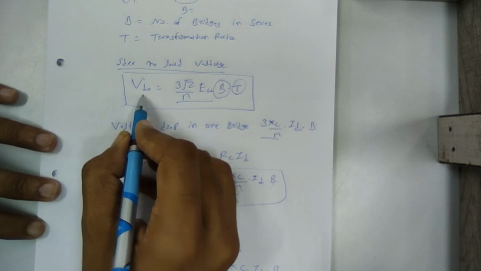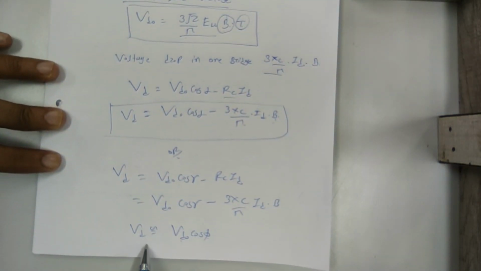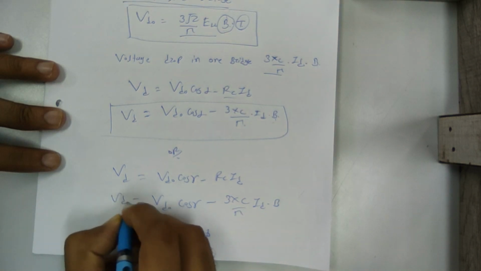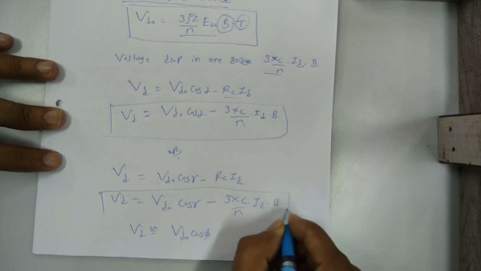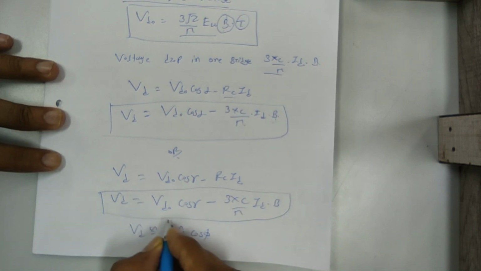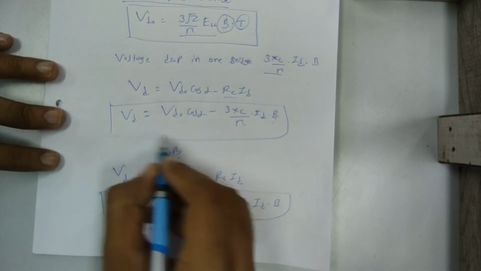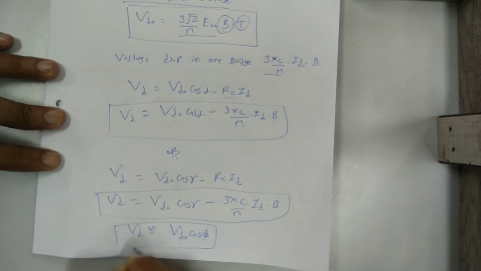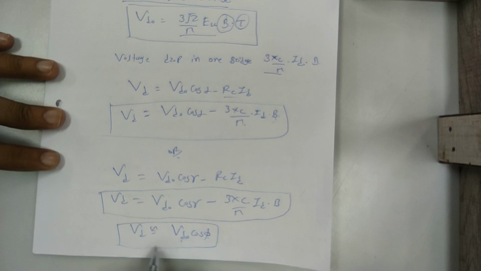So put this value of VD0 in this equation, and that gives the average direct voltage. So you can use any of the equations to derive the direct voltage. In inverter operation, you use this equation. In rectifier operation, you use this equation. And if you know the value of the power factor cos phi, then based on this equation also you can find out the average direct voltage.